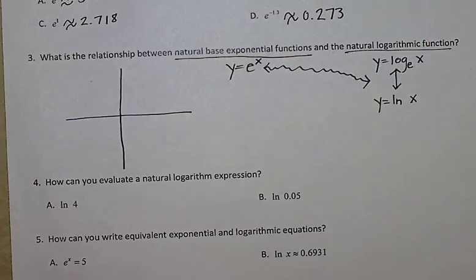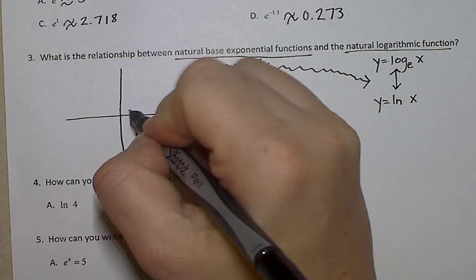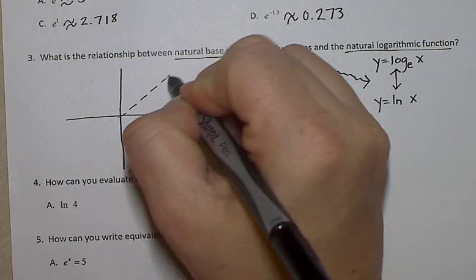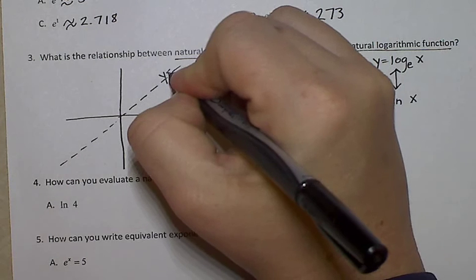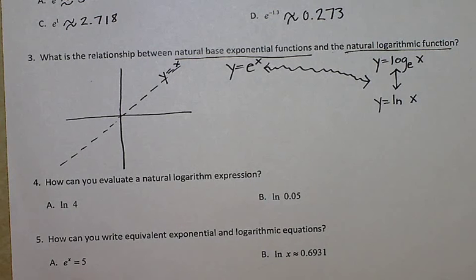They're inverse. And earlier this year when we started learning about inverses, we learned that if two functions were inverses of one another, they would reflect across the line y equals x. We also learned that their ordered pairs would simply be flipped.